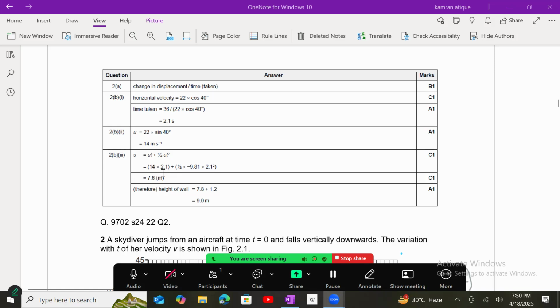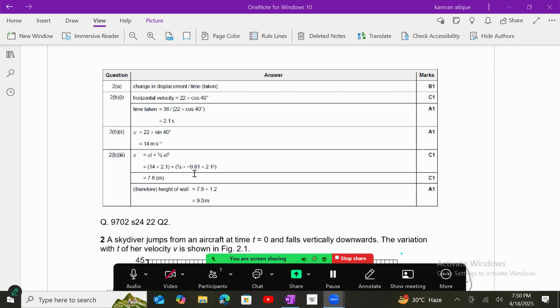So we have used the total time of the journey, which is 2.1. So 14 into 2.1 is substituted in place of u and t respectively. Then plus half into minus 9.81. Minus is used here because the upward journey is involved.